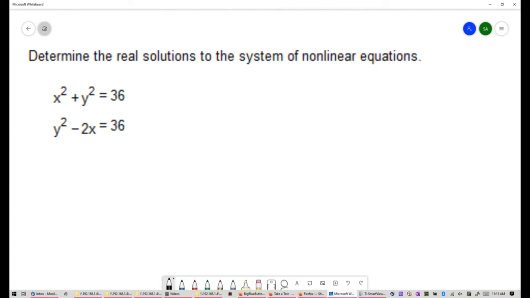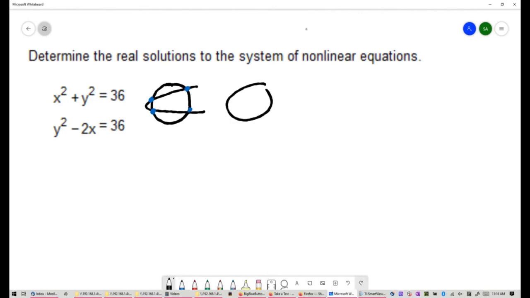The first equation is a circle, and the second equation is a parabola, but it's not one that we're used to. This one has the squared on the y, which means the parabola will face left or right. So we could have 4 solutions to this system.